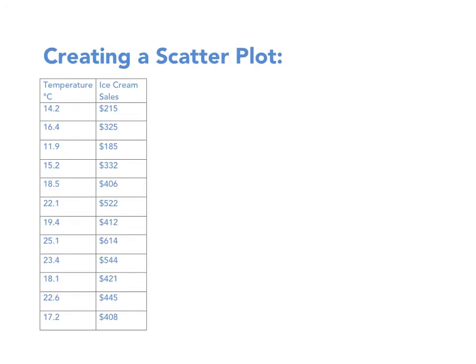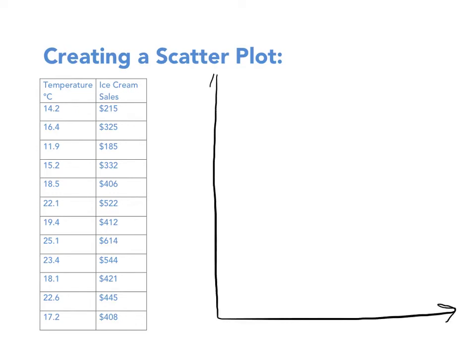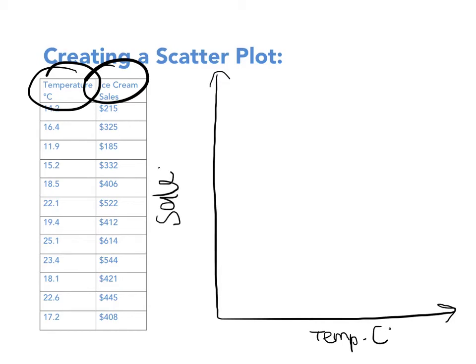So in class, you're also going to have to make a scatter plot. So the first thing you need to do to create a scatter plot is your XY axis, and then your dependent variable and your independent variable labeled. So we have temperature. We don't control the temperature, we're just measuring it. And then dependent on the temperature are the ice cream sales.